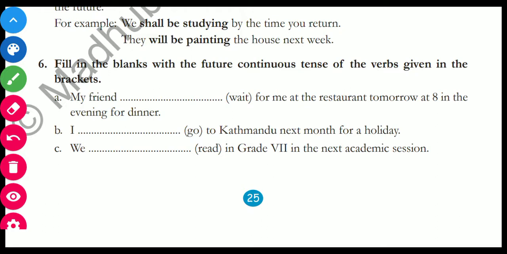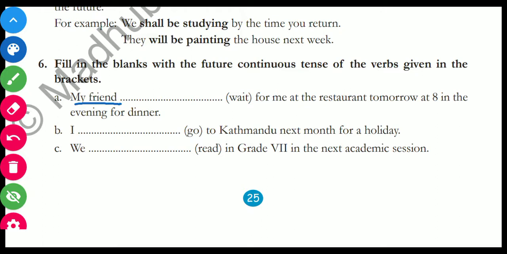So what you have to do over here, you have to fill the blank. My friend, subject plus will be or shall be. It would be will be waiting for me at the restaurant tomorrow. Next is B. I dash go to Kathmandu next month for a holiday.